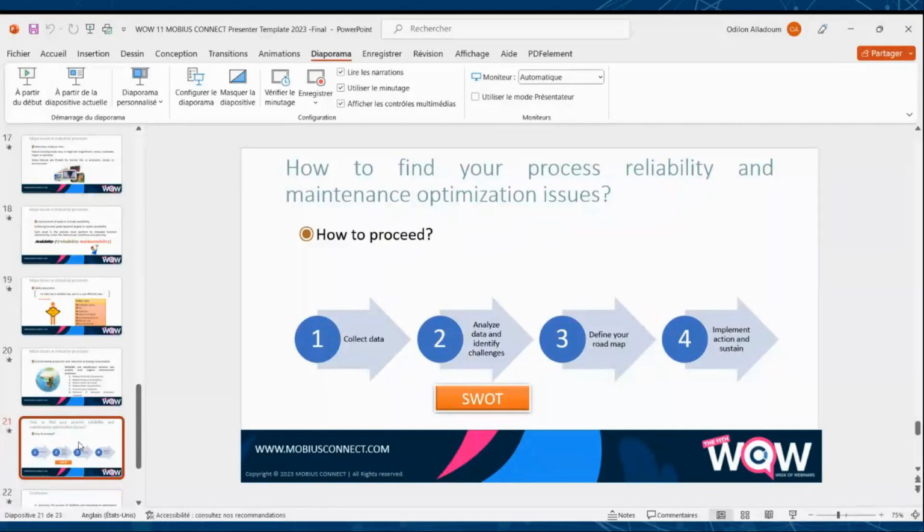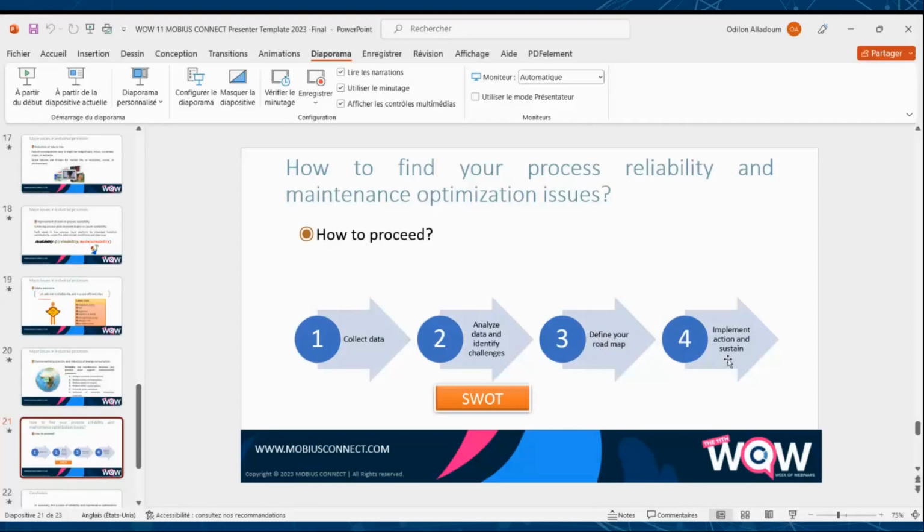So it is impossible to set a formula for all industrial processes. For each process, we recommend to collect data, to analyze the data to identify the current state and define a successful action plan to implement and improve your process efficiency.